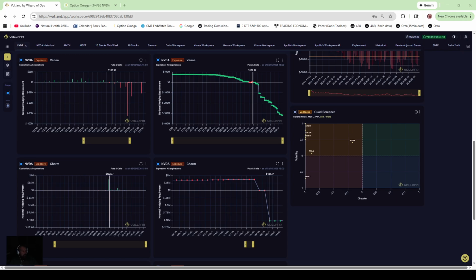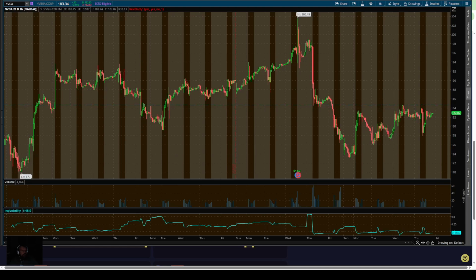If we look at the chart, now this negative Vanna strike has been there for a while. It could be why, because it was here on the earnings day, and NVIDIA did break out above 200, above that strike, but it came back down and then instantly got pushed away.